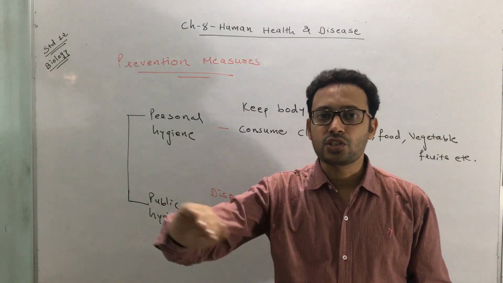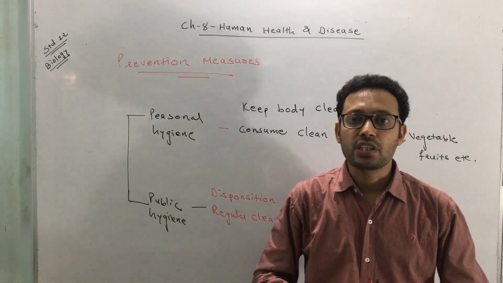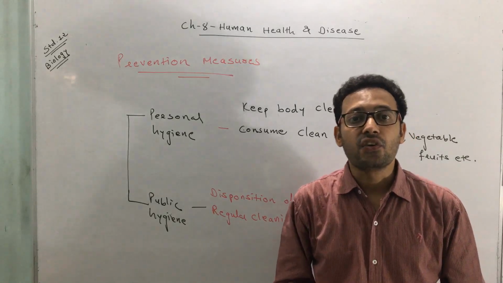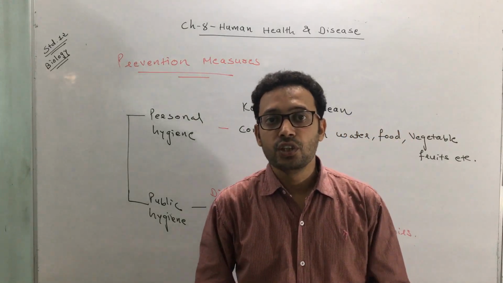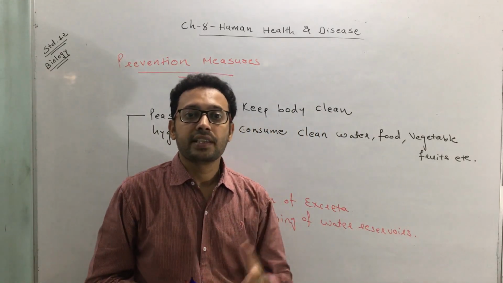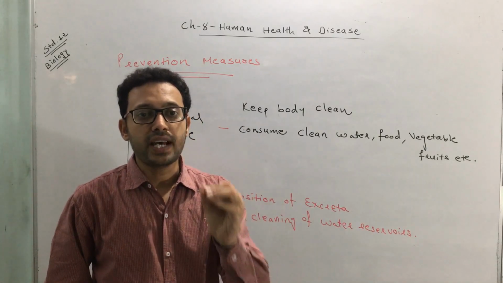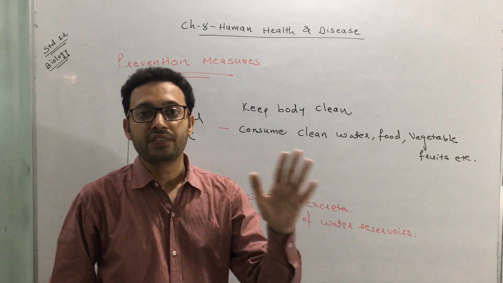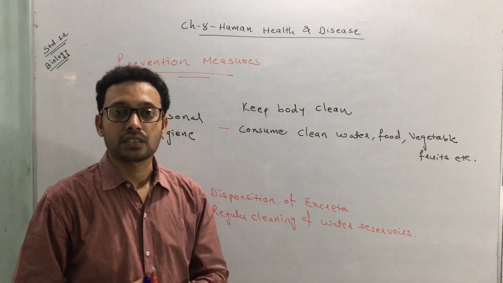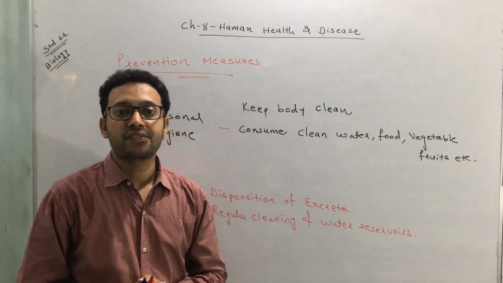Avoid junk food or fast food sold at roadsides, or open food, because they are unhealthy for the body. Those diseases spread by contaminated water and food can be prevented by consuming clean, fresh food and water. Avoid open food and water, because they are the source of diseases. So that is about the diseases transmitted through contaminated food and water.